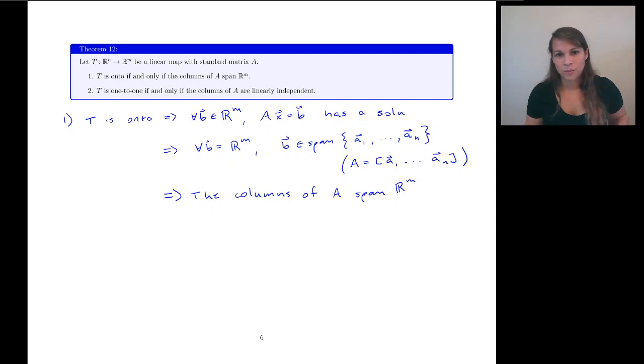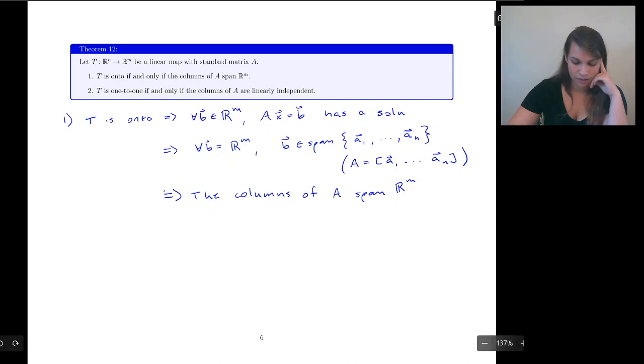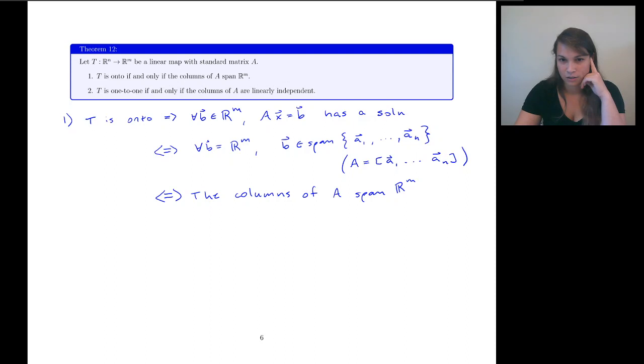Now we have to go the other way. We started with onto, and we got to columns of A span Rm. But look at these steps really closely. Columns of A spanning Rm goes backwards as B being in the span of the columns of A. But B being in the span of the columns of A implies that Ax equals B has a solution.